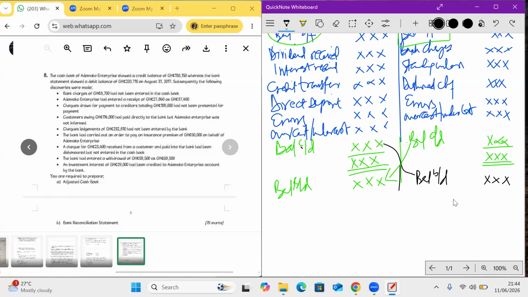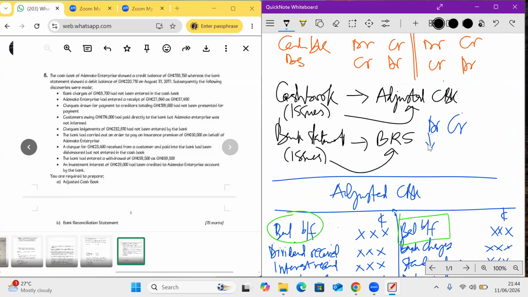Are we good? Yeah. One, the adjusted cash book is used to correct errors or issues with the original cash book. Two, the adjusted cash book is taking the place of the original cash book.